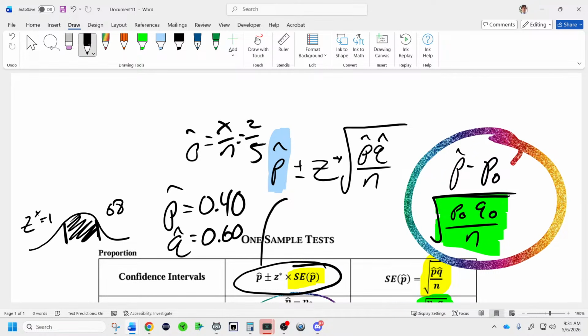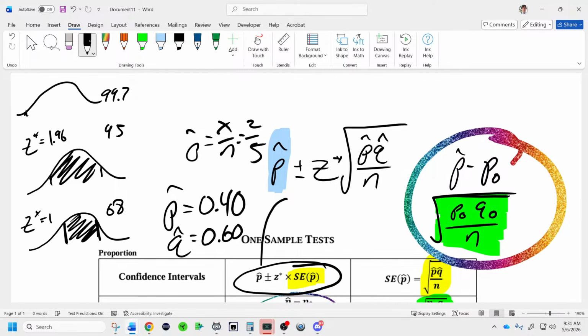If you are 95% confident, then technically Z star is equal to 1.96, very close to 2. If you are 99.7% confident, Z star is equal to 3.